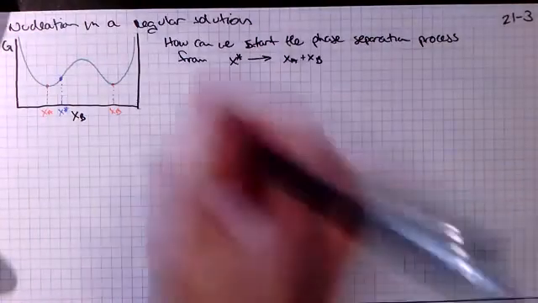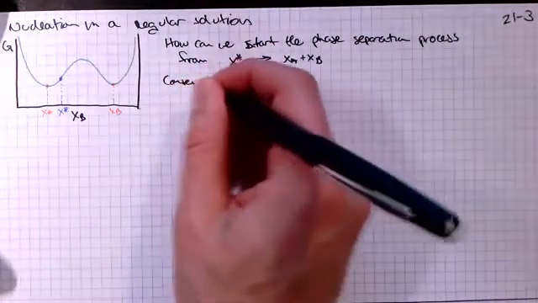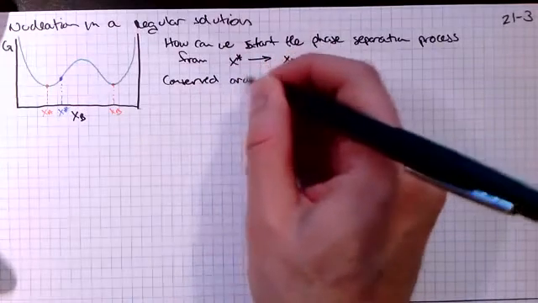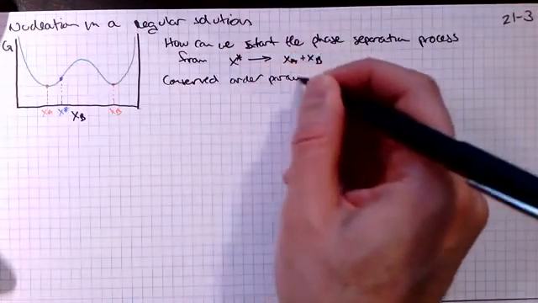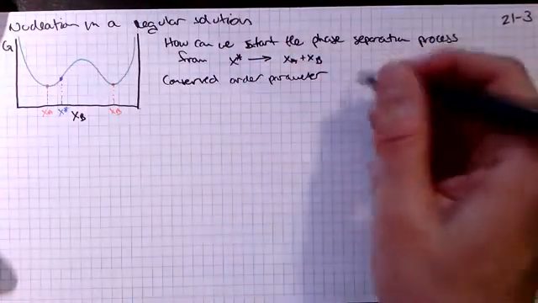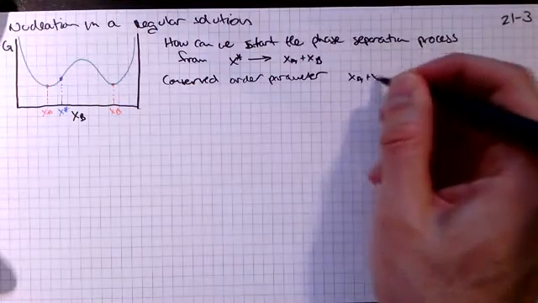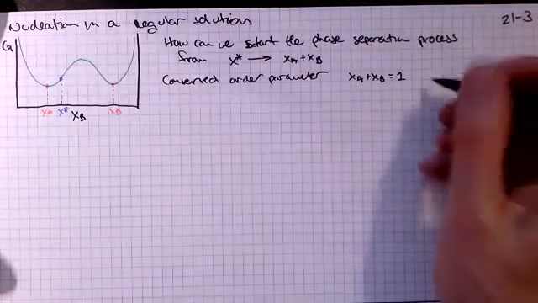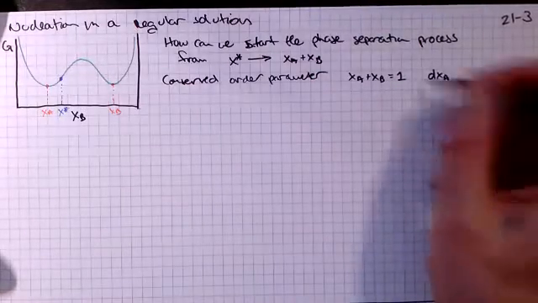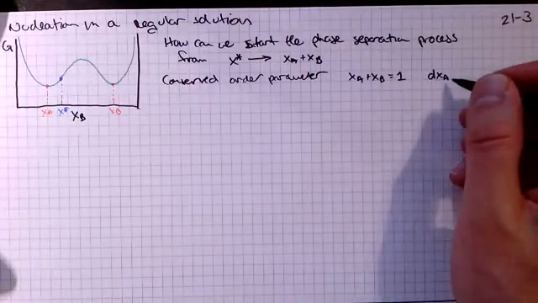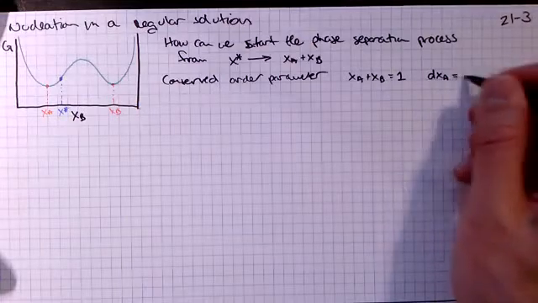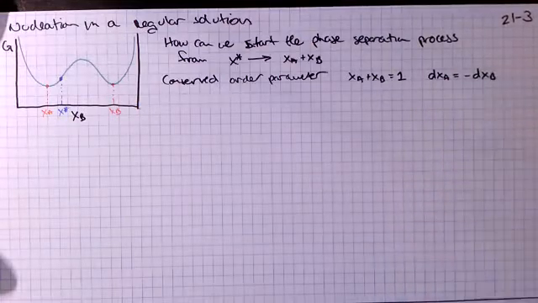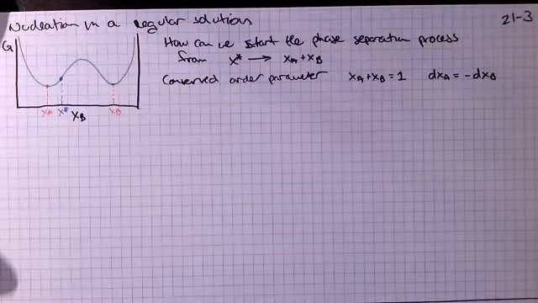And we know that because we have a conserved order parameter, XA plus XB has to equal 1, right? And so if we have a local increase in XA, that has to equal a decrease in XB.